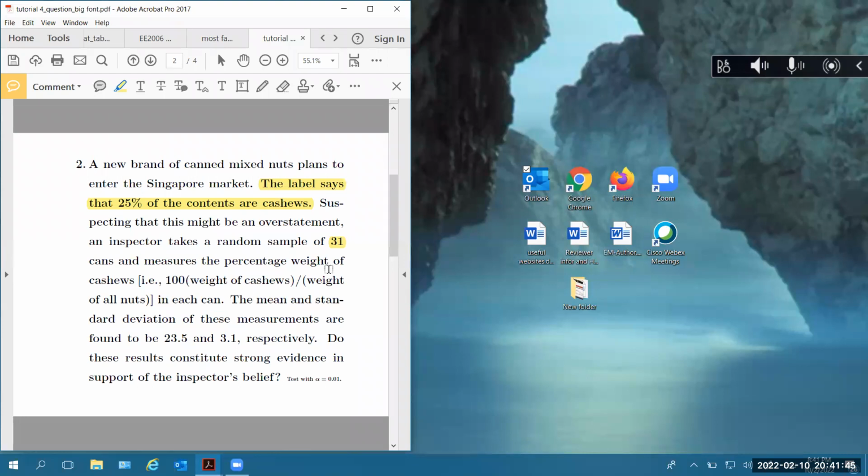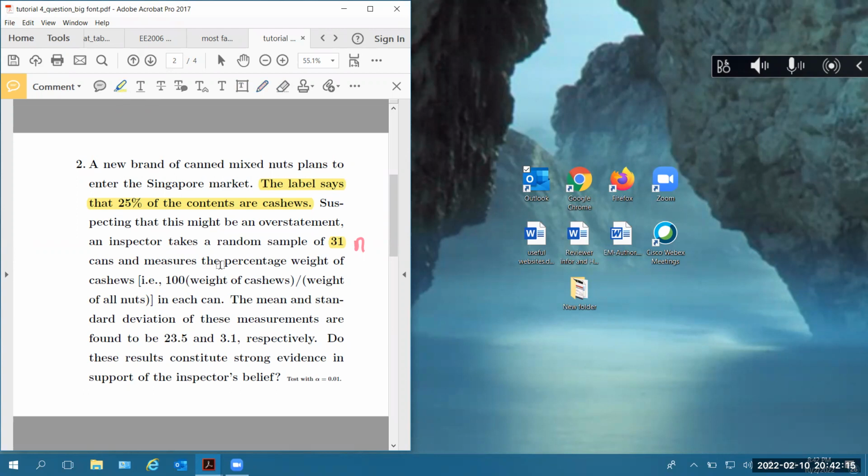Now let's analyze this. First of all, this inspector takes a random sample of 31 cans, right? 31 cans. So what is this 31? Anyone? You just unmute and tell me. Small n. Yeah, that's right. So this one is actually our sample size n. So n is 31. And then this inspector, what does he measure?